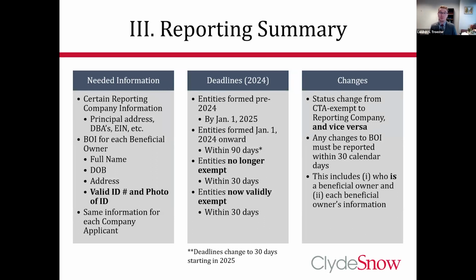In addition, on the flip side, if you have been filing as a company subject to this law, and you are now exempt, you've grown, now you need to report that change within 30 days. The theory, I think, though I might be giving FinCEN a little credit, is that you've been maintaining these reports and that they want to have kind of an end date of your last update.